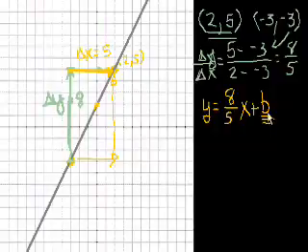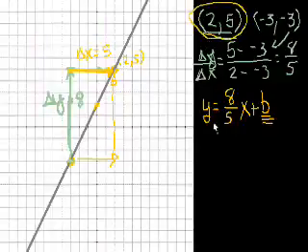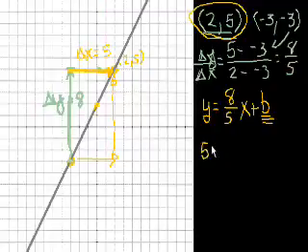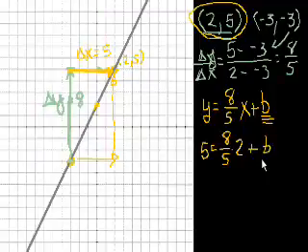So how can we solve for b? Well, we can substitute values that we know work for x and y. Either of these points is on that line, so we can substitute them in for x and y. Let's use the first one. So y, we get 5, will equal 8 over 5 times x. Well, x there is 2, times 2, plus b.